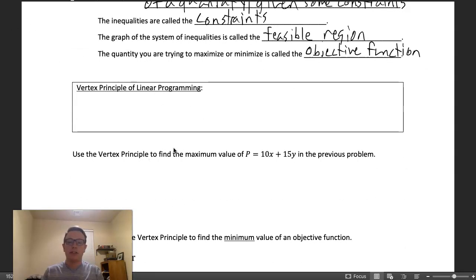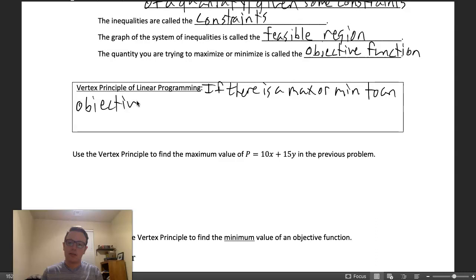What the vertex principle says is that if there is a maximum or minimum to an objective function, so if there's a maximum or a minimum, that maximum or minimum has to occur at what we call a vertex, or one of the corners of the region.